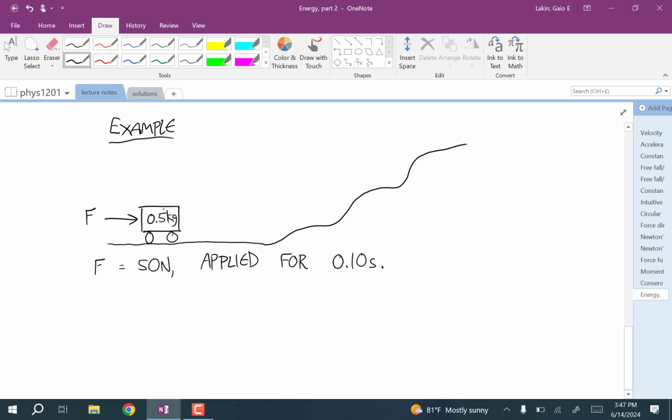And the question is, so that's going to speed it up some amount. The question is, how high up this hill are we going to get? So if it starts out here at what I'm going to call my y equals 0, and it gets up to a point here on the hill, what is this distance? What is this height?